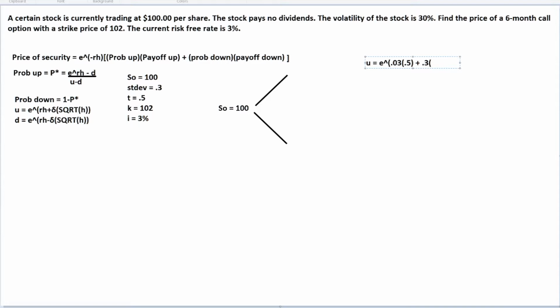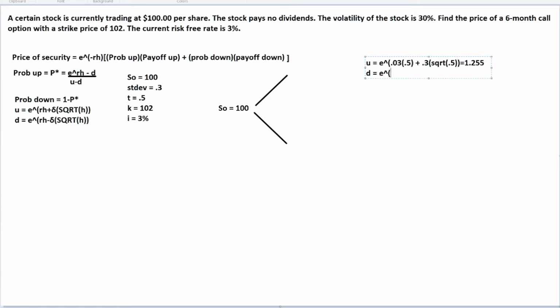I don't know how to do square root in Paint, I'm sorry, so I'll do it Excel style here: square root of our time, h, which is 0.5. And putting that all together in our calculator, we will get 1.255.